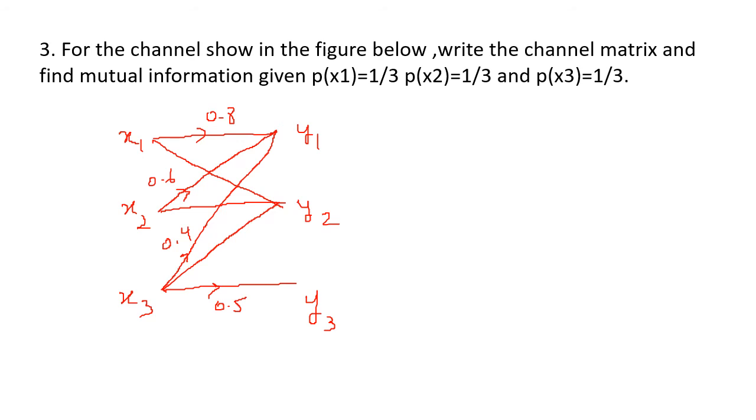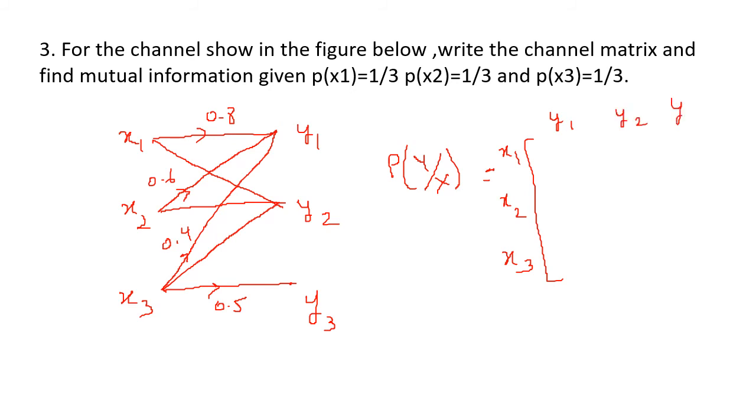In the question it is asked to write the channel matrix, so we'll write the channel matrix first. P of y by x is equal to, you have x1, x2, x3 as the input and y1, y2, y3 as the output. P of y1 by x1 is given as 0.8.